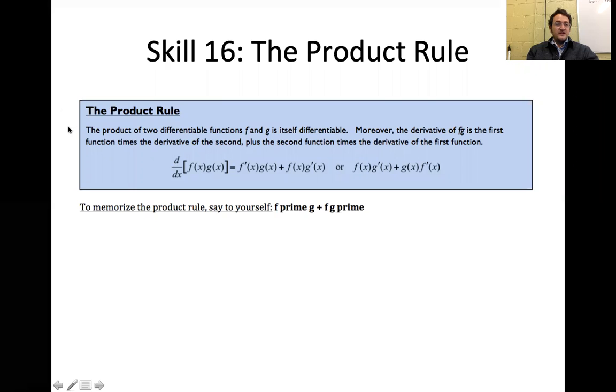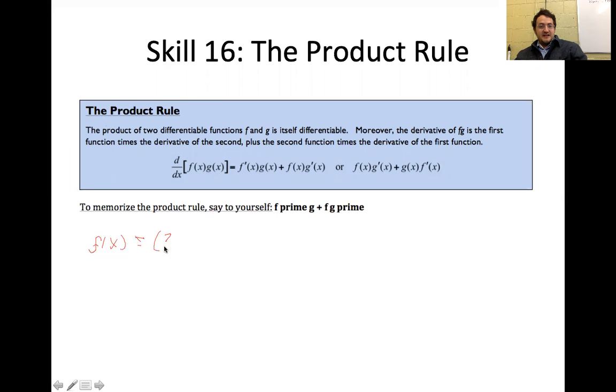So today what we're going to do is the product rule, which is skill 16. Where this comes from, let's say I give you a function f of x, and it is 3x to the 4th plus 2x to the 3rd plus 5x squared plus 1x times 4x to the 5th plus 3x cubed plus 2x plus 1.